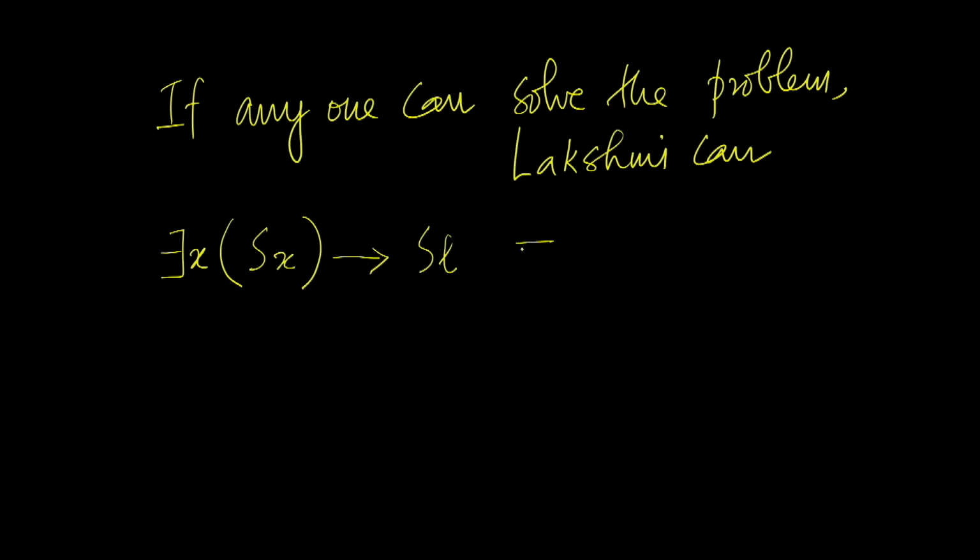Let us take the logical equivalence of this. The logical equivalence of an implication would be the negation of the antecedent or the consequent. So, the negation of the antecedent here would be for all x not S(x), and then or S(l), which by commutativity of or can be written like this.